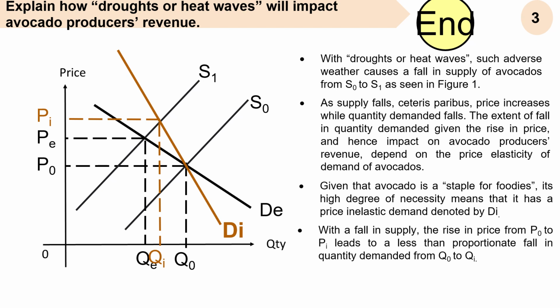So let me annotate this, using the laser pointer. At P0, where DI cuts the original price, that's your quantity demanded. Where S1 cuts your P0, that's your quantity supplied at the original price.